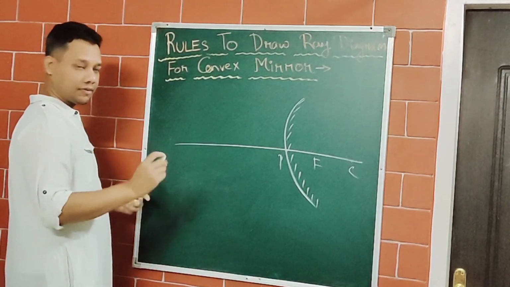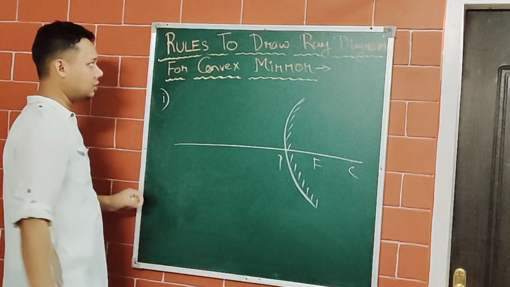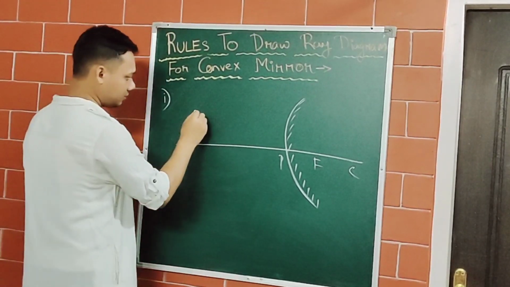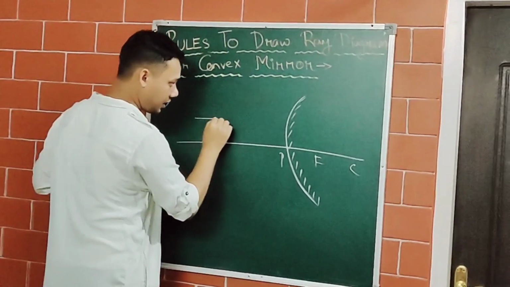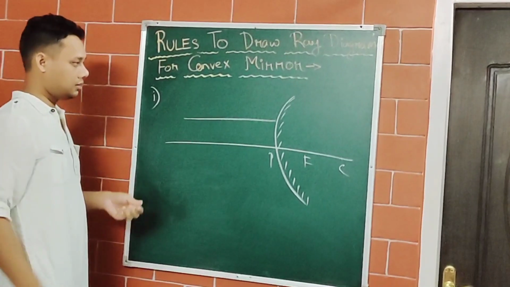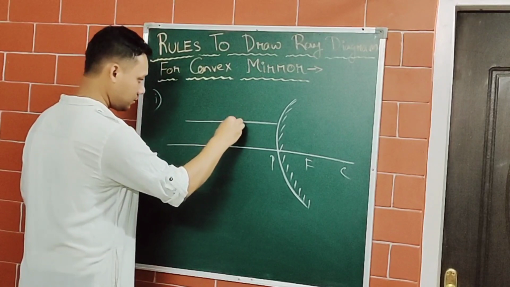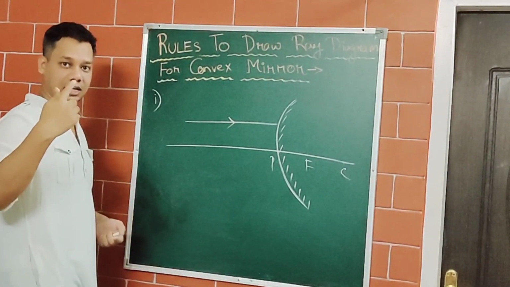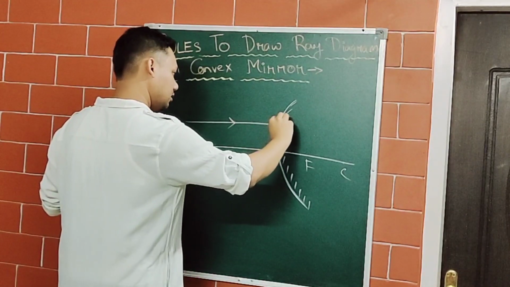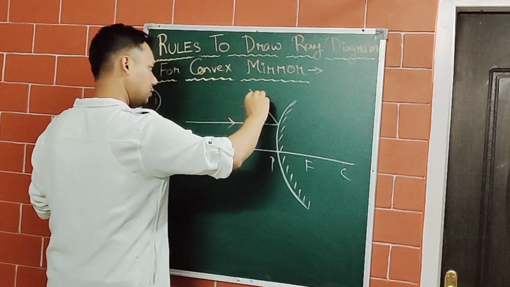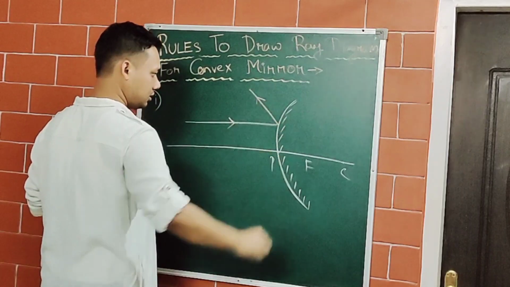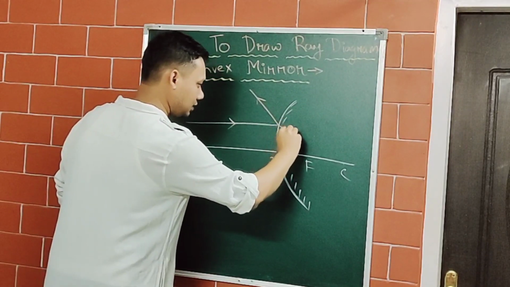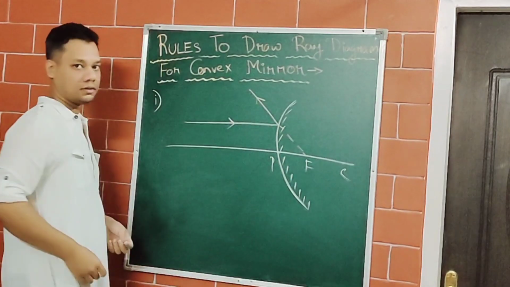Now the first rule, rule number 1 of the rules to draw a ray diagram. If a ray passes parallel to the principal axis in this way, then after reflection it will trace a path as if the light is coming from the focus.